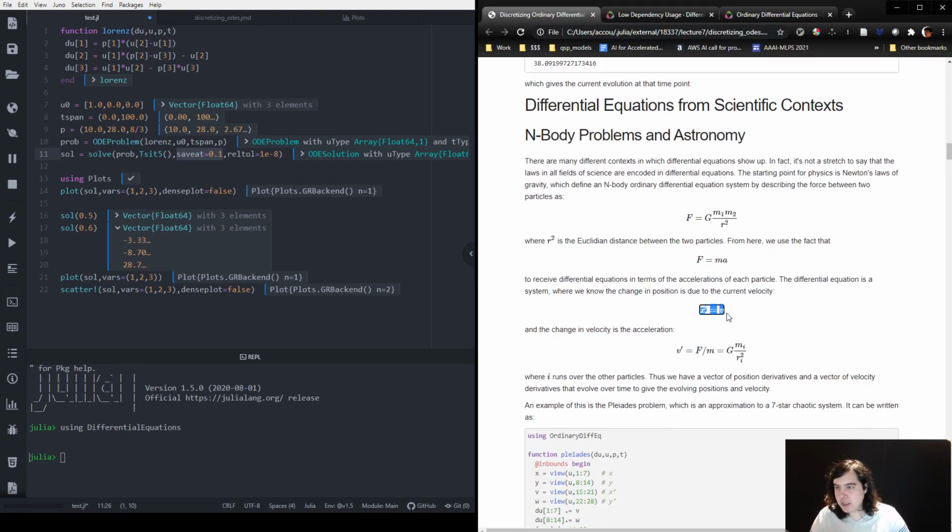And so by using that trick which I mentioned, x prime equals velocity, velocity prime is the acceleration, you can write down entire sets of equations for how n bodies evolve. One interesting example for this is the Pleiades problem, which is a 7-star chaotic system.